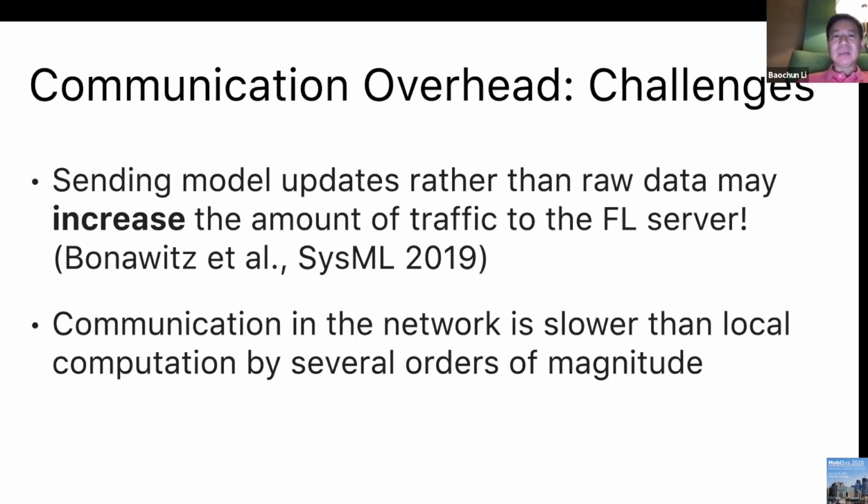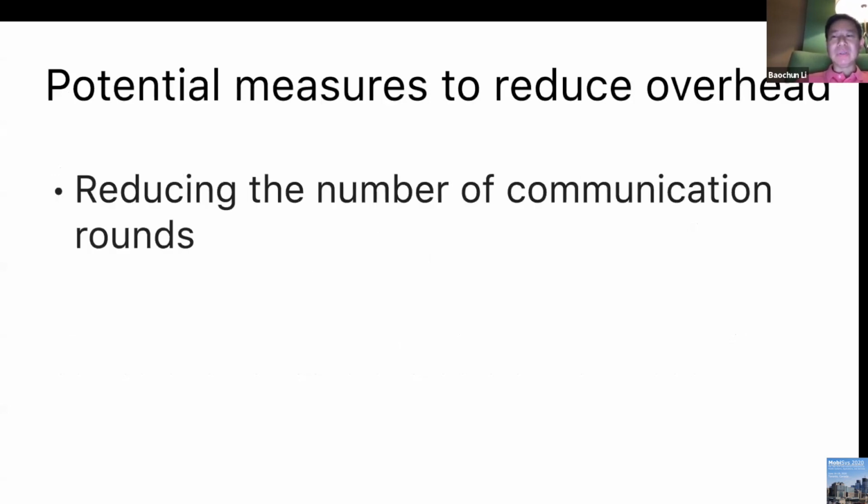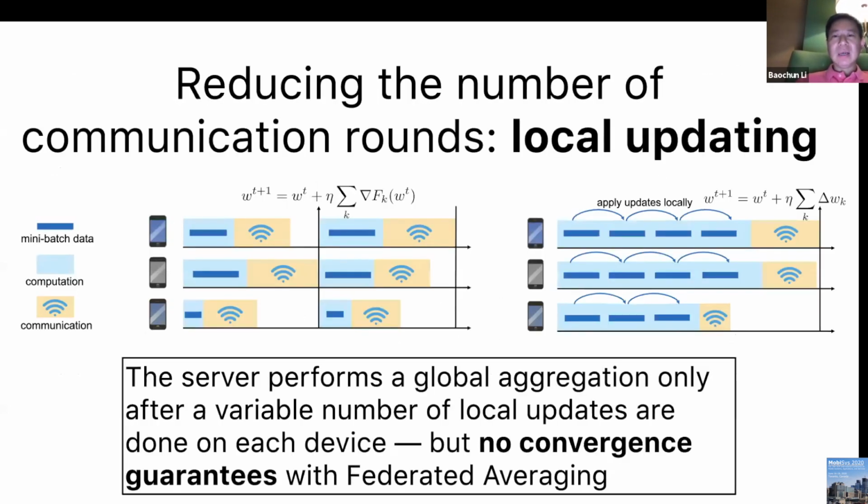There are a lot of papers in recent years, 2018 and 19, with potential measures for reducing overhead. For example, we can reduce the number of communication rounds. We can reduce the size of the transmitted data in each round.